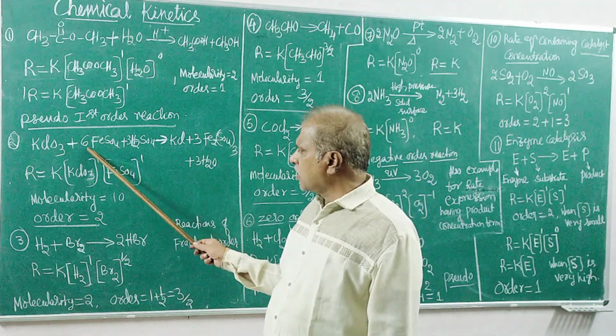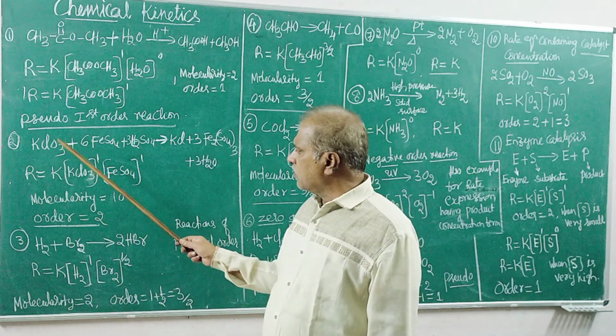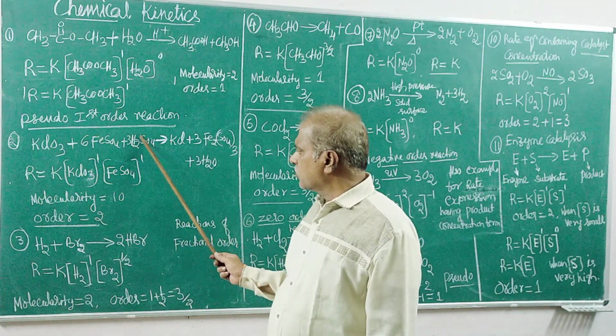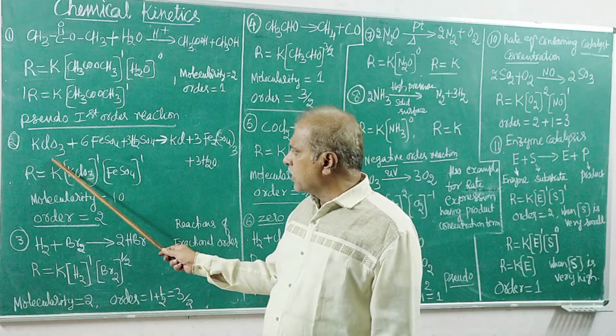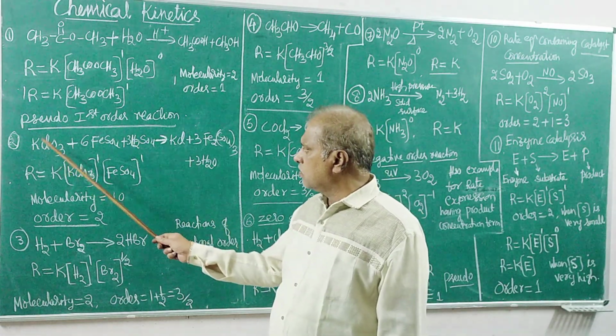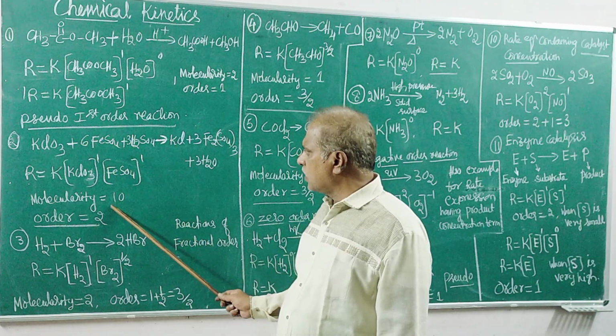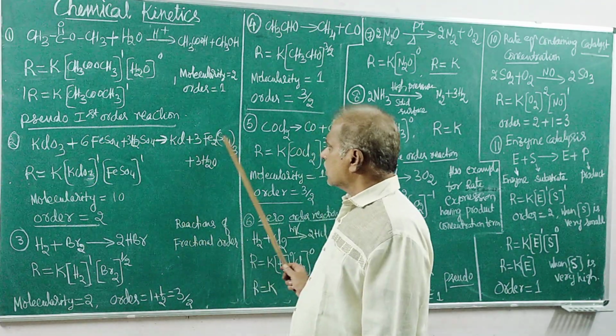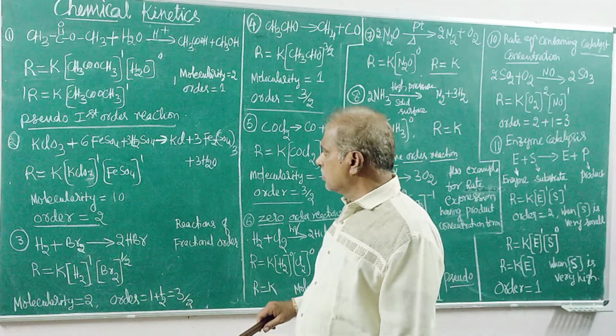Look at this, it is quite complicated. The reactants are 3, and the molecularity as per the stoichiometric equation is 10: 1 plus 6 plus 3. Ten molecules are involved in this stoichiometric equation.